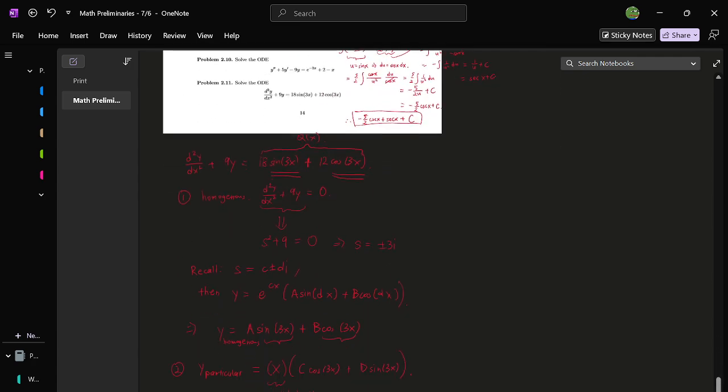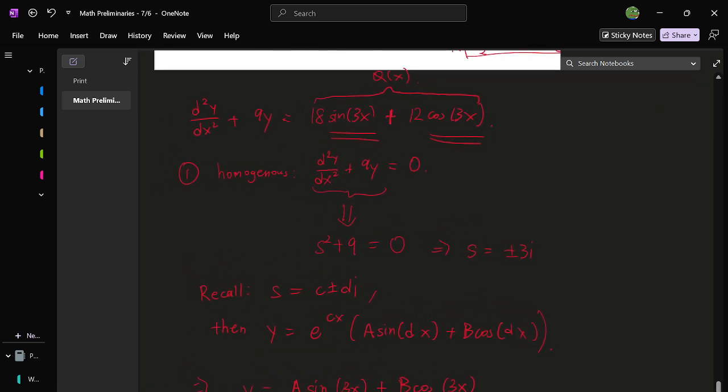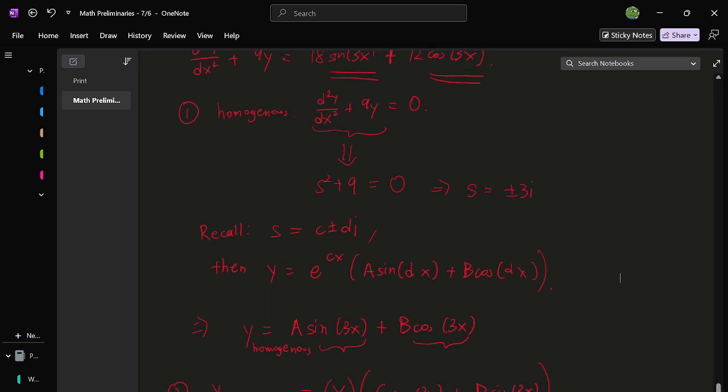So to recall, start with your homogeneous solution by setting Q(x) equals to 0. Solve for your homogeneous solution by checking which case it is for S, then write down the homogeneous solution. With your homogeneous solution, check whether it is a case of resonance. If there's no resonance, then you can proceed as normal by guessing your particular solution based on your Q(x).